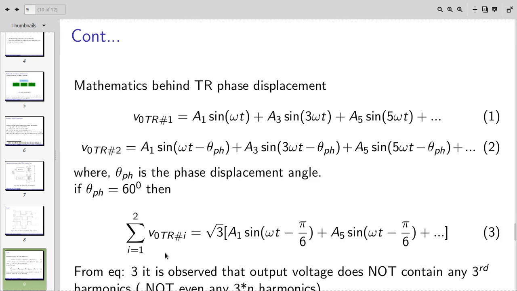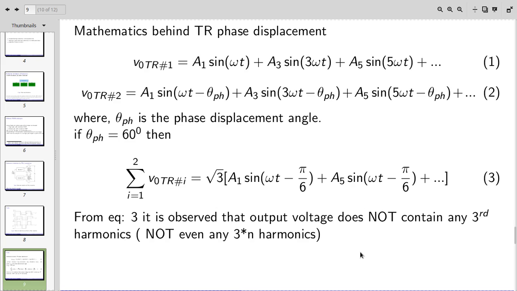If you sum up equations 1 and 2, you will get the output voltage as root 3 times the bracket of A1 term, and so on. Now in equation 3, we observe that there is no component of the third harmonic.